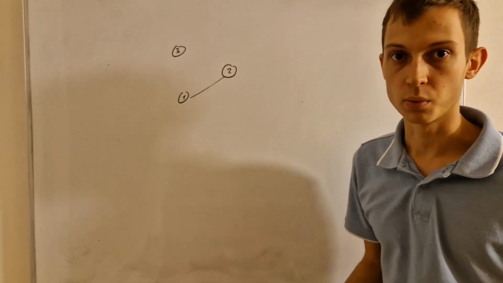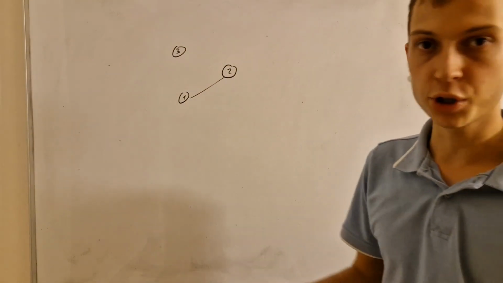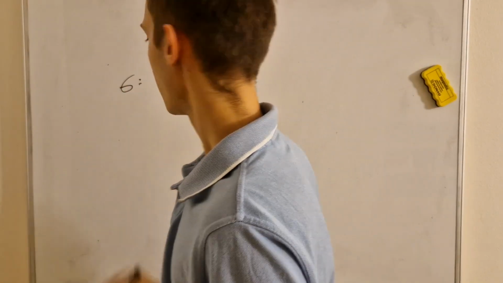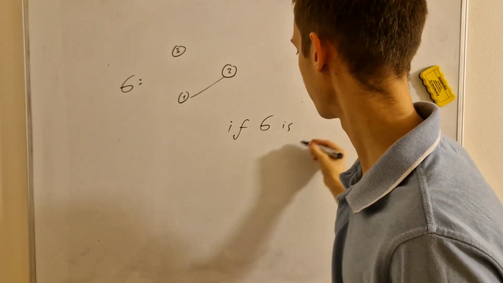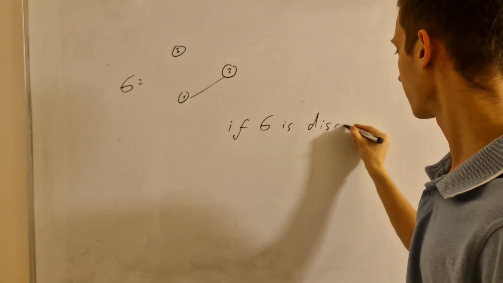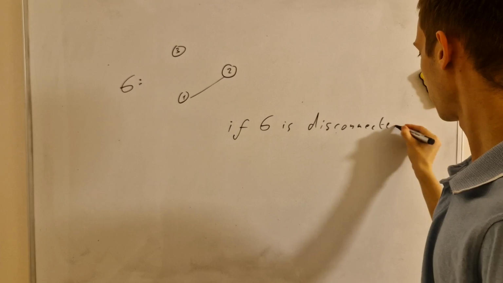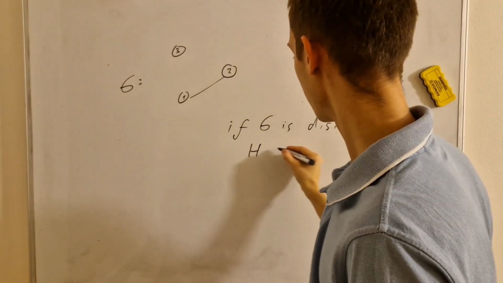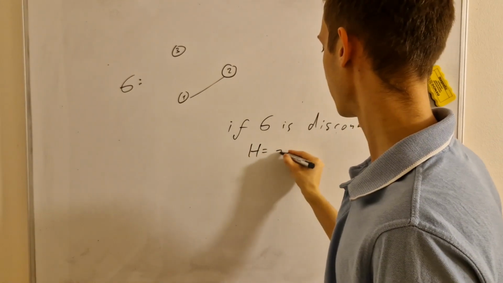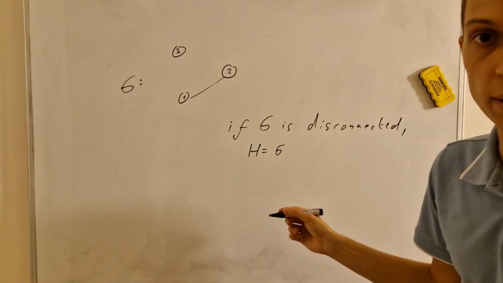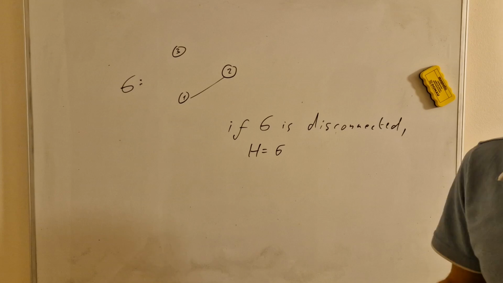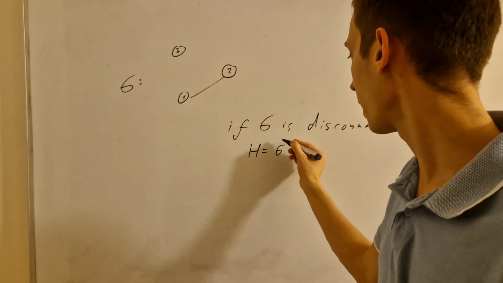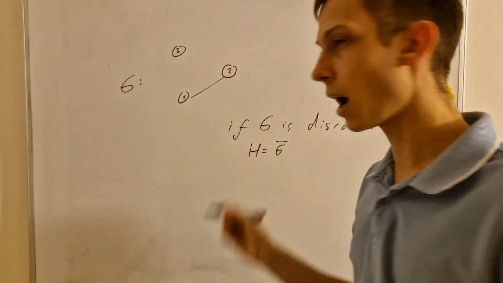And there is a rule, and that says if the original graph, so let's say this is again G, if G is disconnected, then H, which is the inverse or a complement graph. By the way, the complement graph is denoted in general as the original graph's name with a bar, for example.